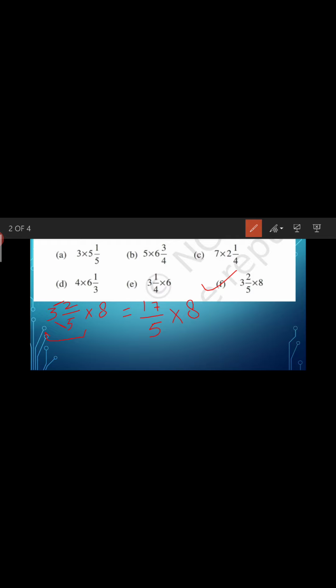So I am writing it here. 17 into 8 is 8 7s are 56. Carry 5. 8 1s are 8 plus 5 is 13, 136 by 5. So what you have to do? You have to now divide 136 by 5. So how will you divide 136 by 5?